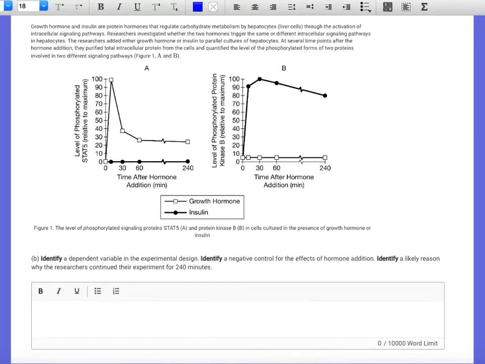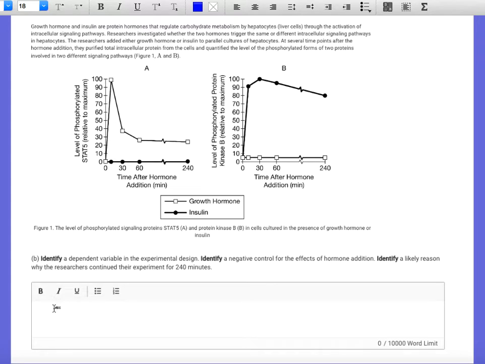So let's take a look at part B. Here's where we start to dig into the data a little bit. Identify a dependent variable in the experimental design. Fairly easy. As you remember, the independent variable is what you are changing. It looks to me like they are changing the type of hormone, insulin or growth hormone. That's going to be your independent variable. And then the dependent variable is what the researchers are measuring, and they quantified the level of phosphorylated forms of two proteins.